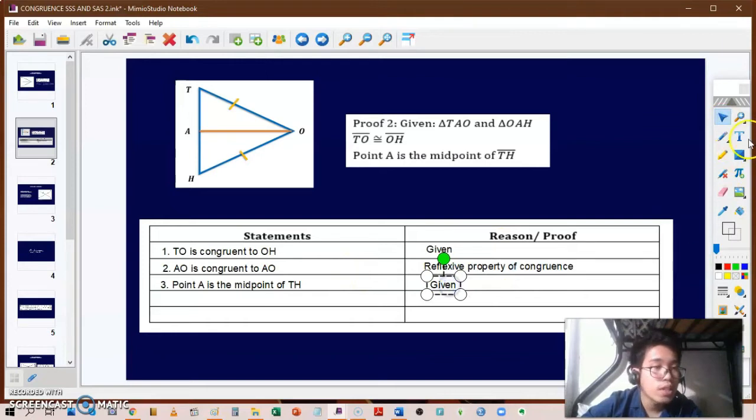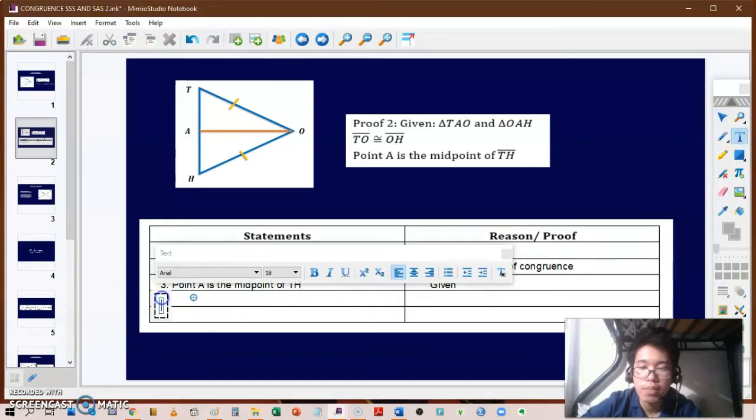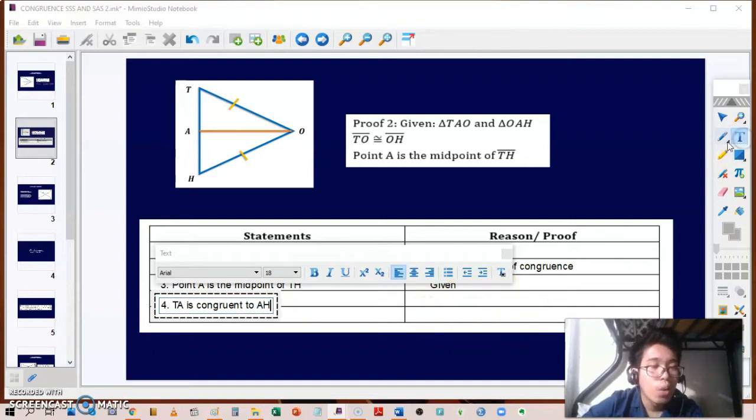The fourth statement can be written simply as TA, line segment TA is congruent to segment AH. How can we say that? Since point A is the midpoint of TH, point A bisects it, or is the half.